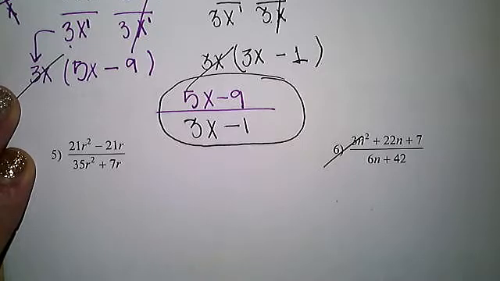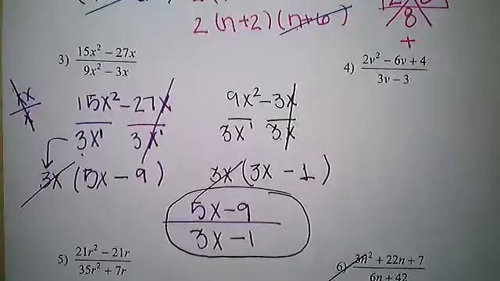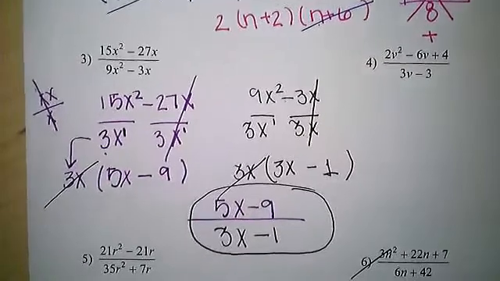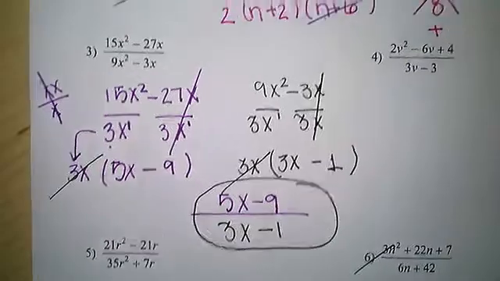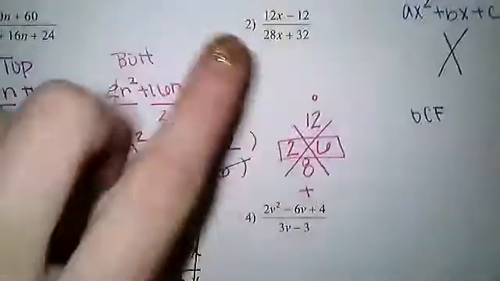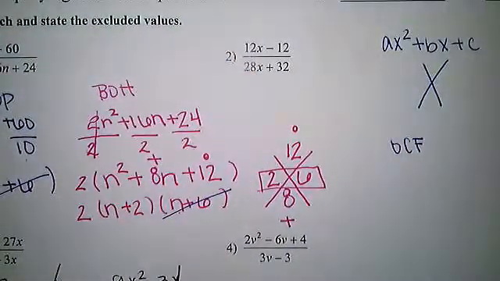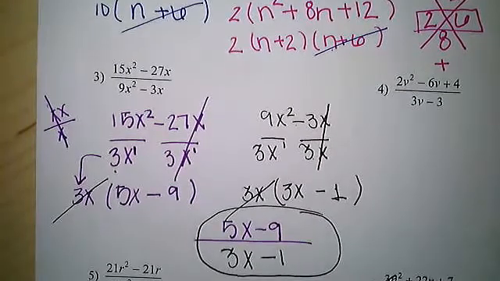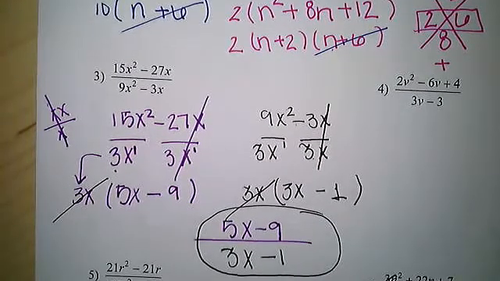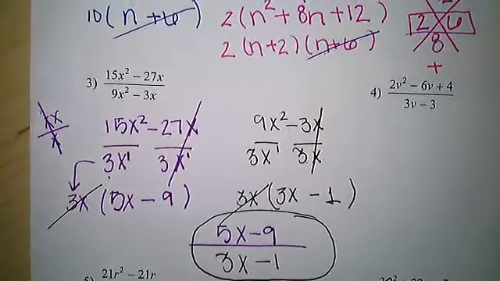You feel like you're good? Yeah, most of them are very, very similar. So if you can do number 3, you can do number 5. And same thing with number 2, just kind of identifying what the greatest common factor is and then canceling out anything that is the same. Wonderful. Awesome.